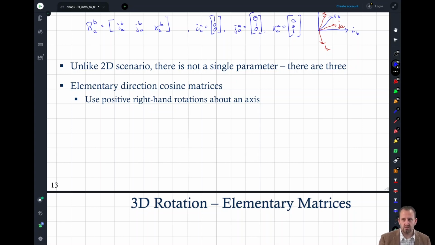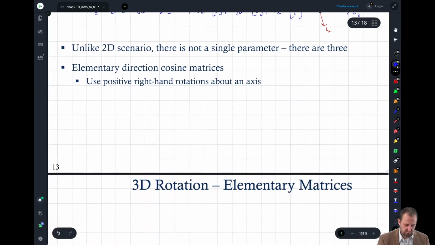All we're going to do is use the right-hand rule. Given a vector, we grab it with the right hand, and we do a positive rotation if we're moving it, basically bringing your hand into your body. That's going to be a positive rotation. So we're going to do positive right-hand rotations about an axis.